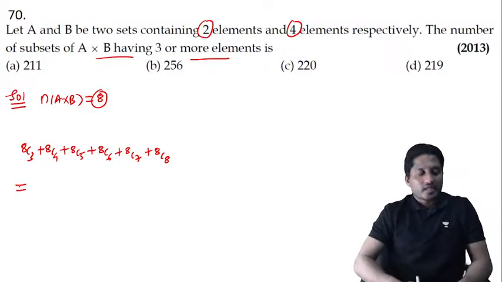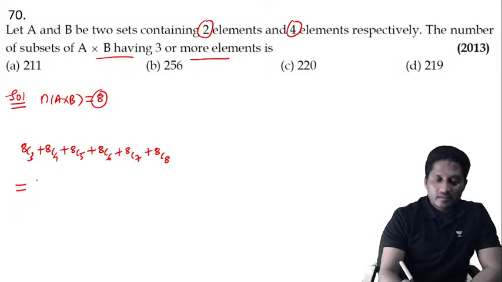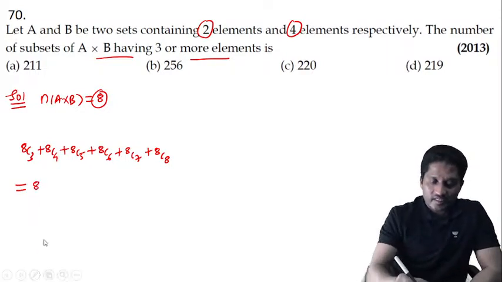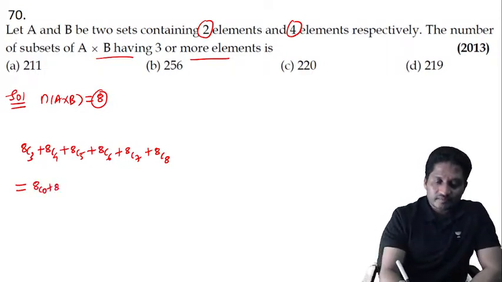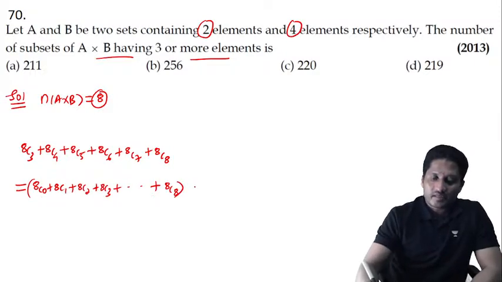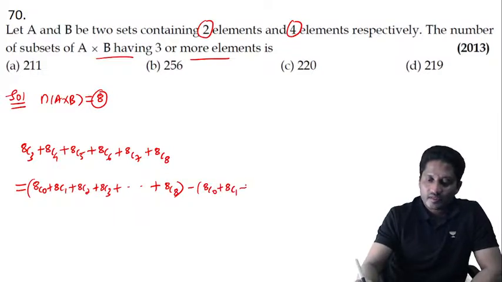There was a similar question in 2020 as well. I can write this as 8C0 plus 8C1 plus 8C2 plus 8C3, and so on up to 8C8. And now I'm going to subtract, minus 8C0 plus 8C1 plus 8C2.